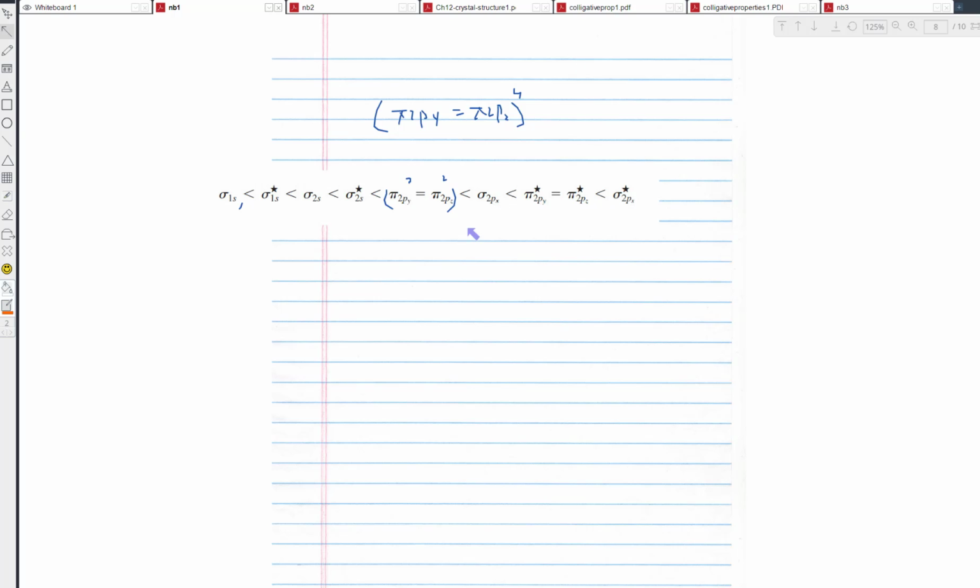Yep. Any question? No, that's good. I just have to brush over this stuff, and oh, okay, 4 there. Ask your teacher before doing. There are some exceptional cases. Generally, 2px is less energy and these are higher energy.